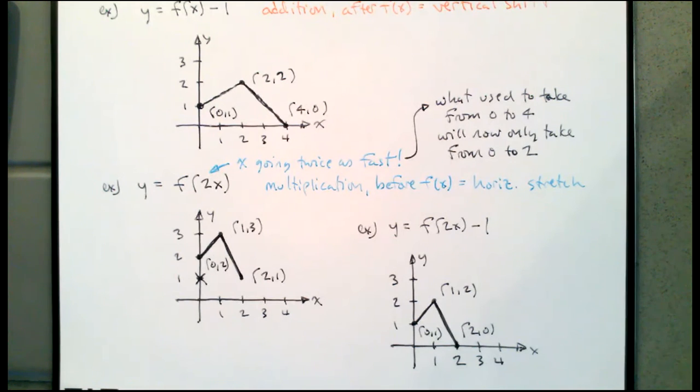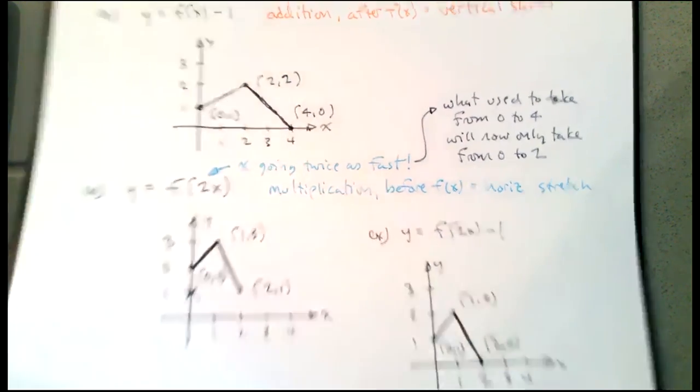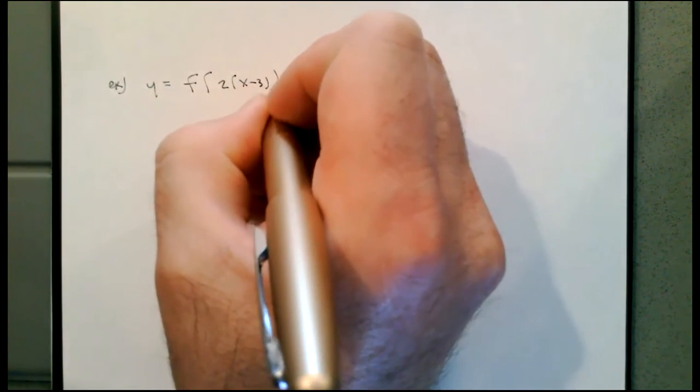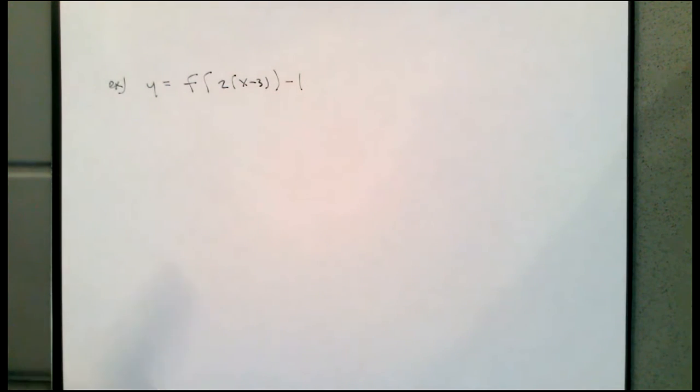And so that's how we want to read what's going on in our graphs. So if we had, for example, I don't want to make all these changes, but we want to see what's happening.